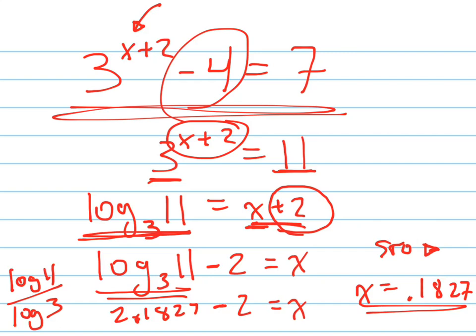So when I store it into x, and now I punch in this side of the equation, 3 to the x plus 2 minus 4, what should I get when I hit enter? I should get 7. And I do, because I did it right.